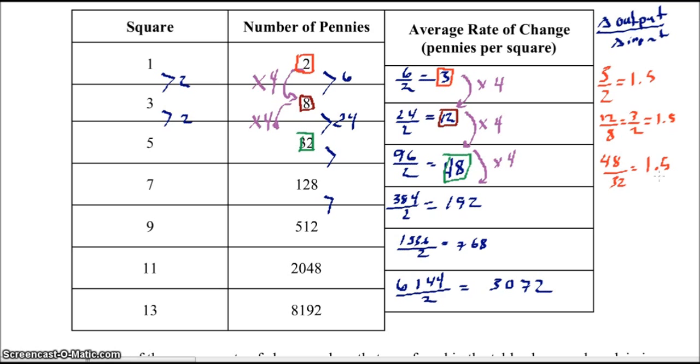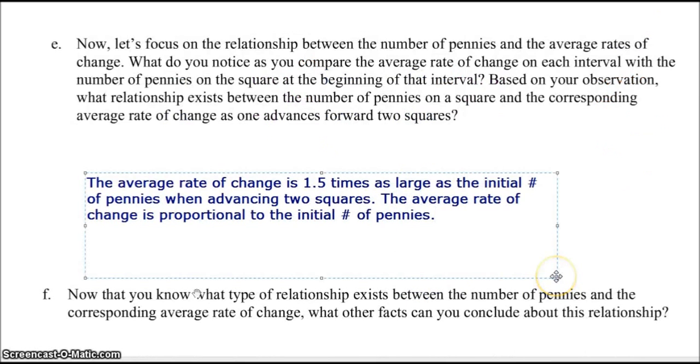So there's actually a proportional relationship here between the number of pennies on the square and the average rate of change. The average rate of change is 1.5 times as large as the initial number of pennies when advancing 2 squares. The average rate of change is proportional to the number of pennies.